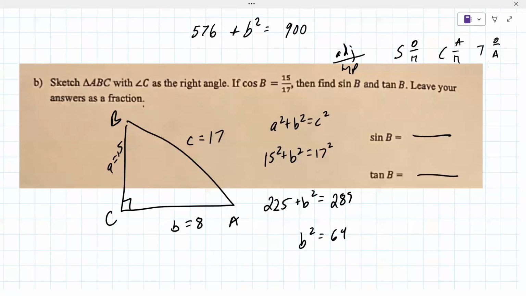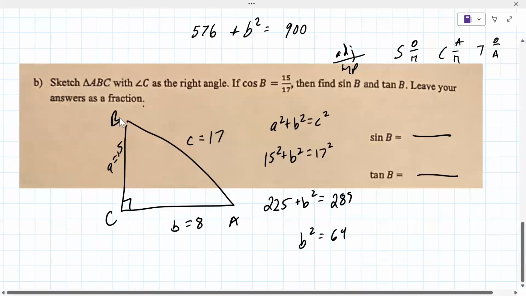And again, you're imagining you're at B. I don't actually know what the opposite length is. Do we just solve for that? Would that be 8? Yes, 8 is opposite to B. Over what is the hypotenuse? The hypotenuse is 17. Yes.